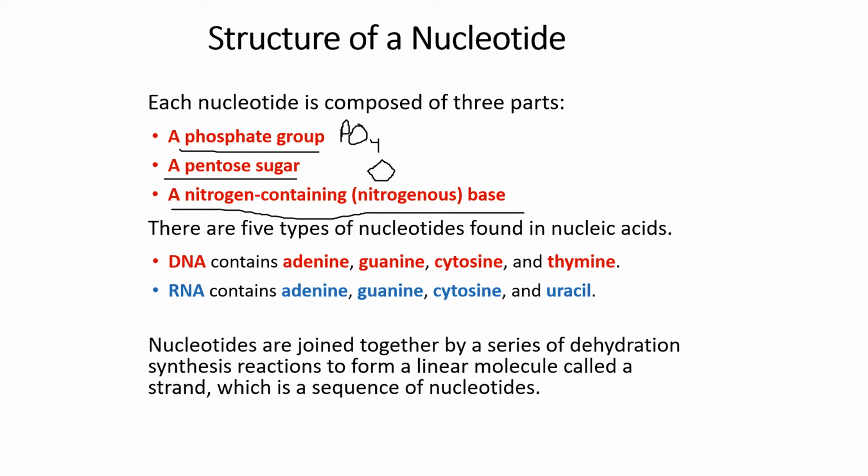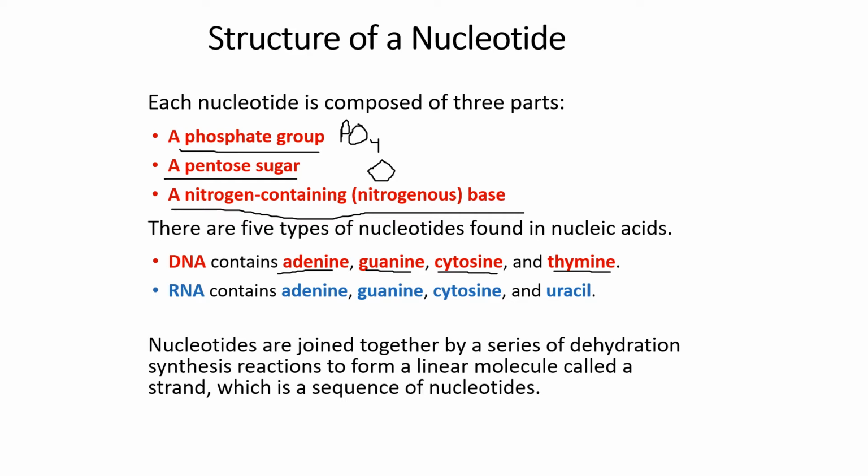So each amino acid had 1 nitrogen. These bases have a few. And you need to know the names of the bases, so adenine, guanine, cytosine, and thymine are the ones present in DNA.